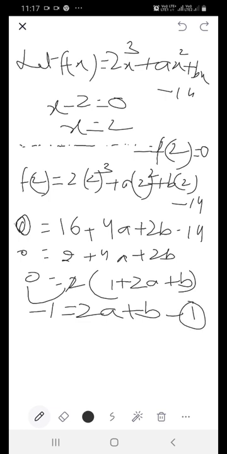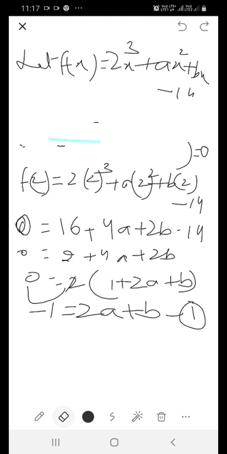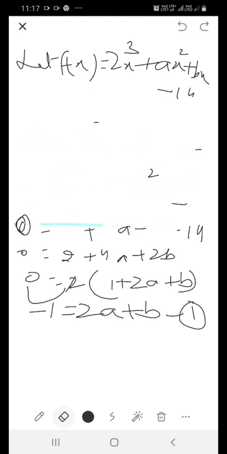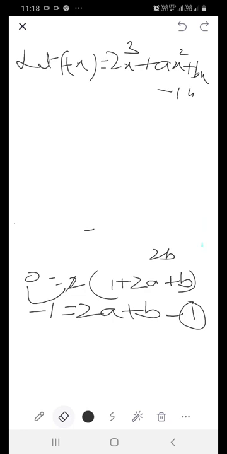In the same way, you are going to find the second equation also in terms of a and b. Now taking the divisor as x minus 3, it is not a factor as it is leaving a remainder.